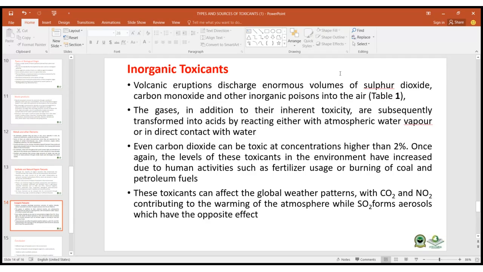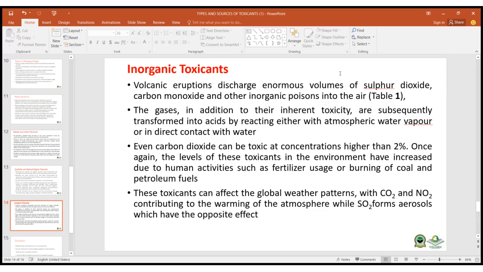Then even carbon dioxide can be toxic at very high concentration. So once again, the levels of these toxicants in the environment have increased due to human activities.